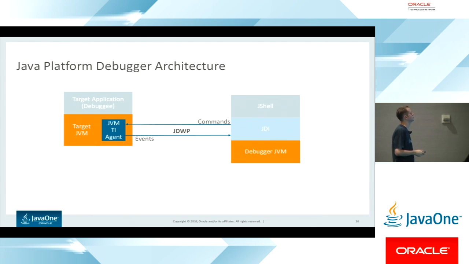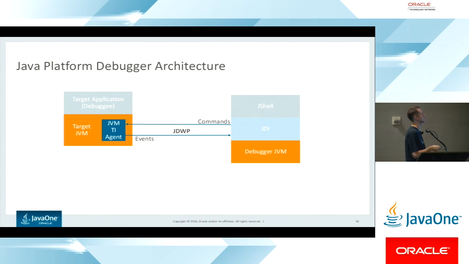So another really interesting thing is that there's the new JShell tool that's coming out with JDK 9. How many people here have attended that talk? Okay, so JShell is really cool, and I don't know about you guys, but I'm really excited to be able to use that in my day-to-day debugging work and playing around, especially for learning new APIs. And JShell, even though it's not a debugger in any real sense, fits very nicely into the debugger architecture we have.